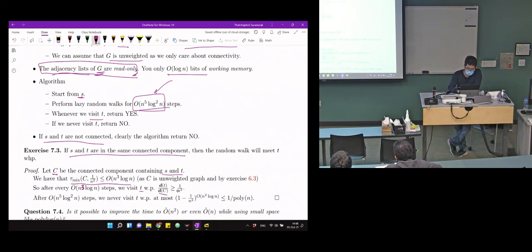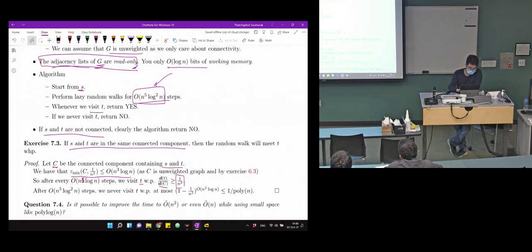But this is always at least 1 over n squared, right? Because the degree of t is at least 1, and the volume of the whole component is at most n squared. So with some small probability, you will visit. But if you repeat enough times, then you will visit with high probability.